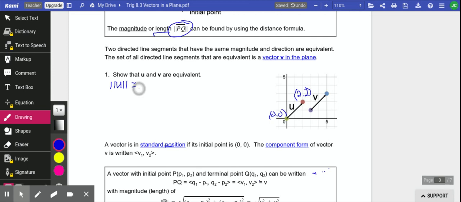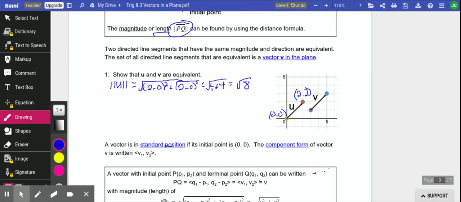Using the distance formula, we're just going to do x minus x, so (2 minus 0) squared, plus y minus y, (2 minus 0) squared. So that's going to give us 4 plus 4, which is the square root of 8.